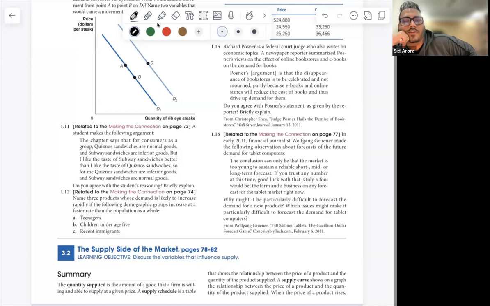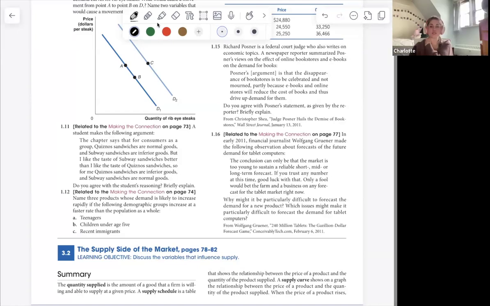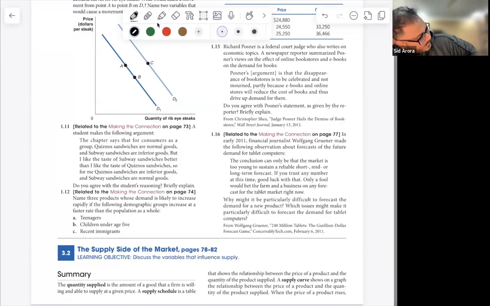I'm just trying to see how many tests you have. How many tests do you have? Four tests, so that's 10% each. Okay. And what chapters do you have on this one?